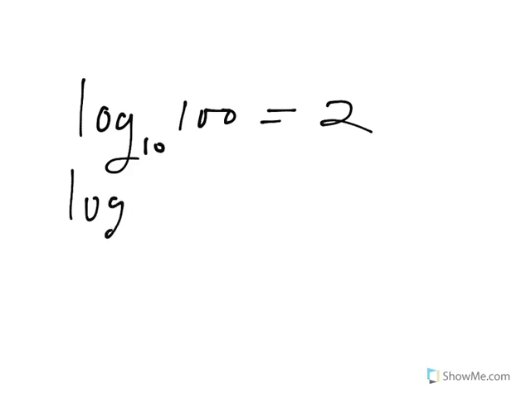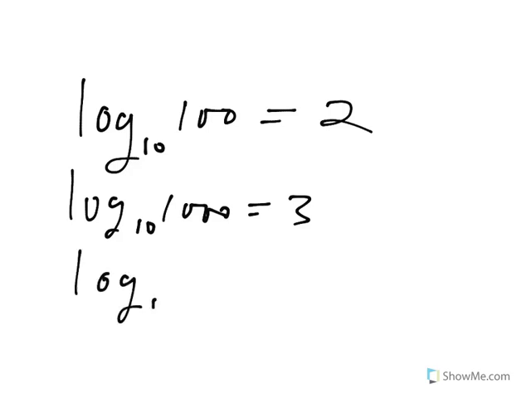The most popular base is log base 10. Log base 10 of 100 is 2, because 10 to the second power is 100. Log base 10 of 1,000 would be 3, because 10 to the third equals 1,000.